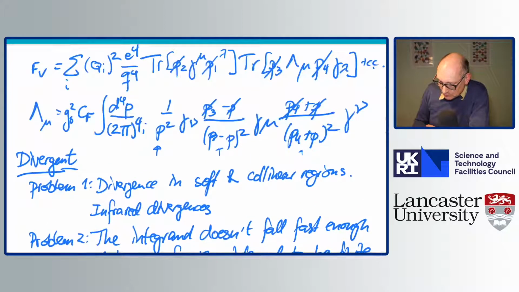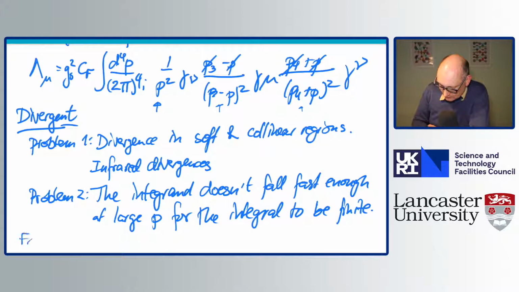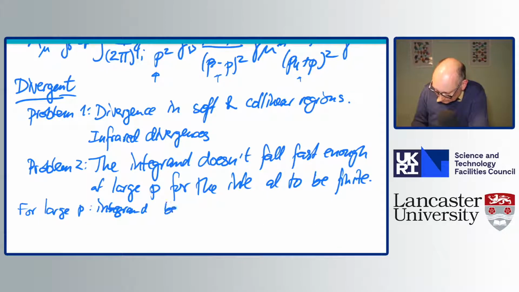So for large p, let's look up here, we see that the integrand has 6 powers in the denominator and 2 powers in the numerator. So for large p, the integrand behaves as p to the minus 4.